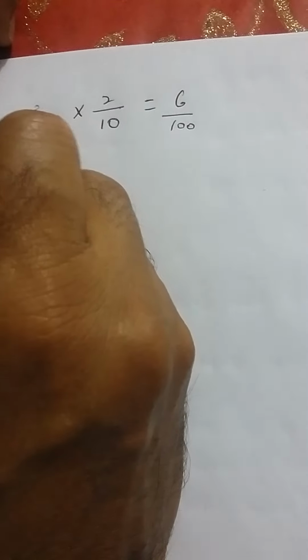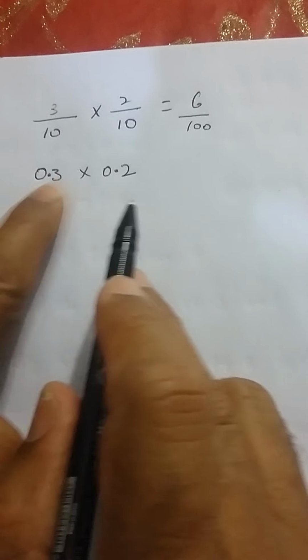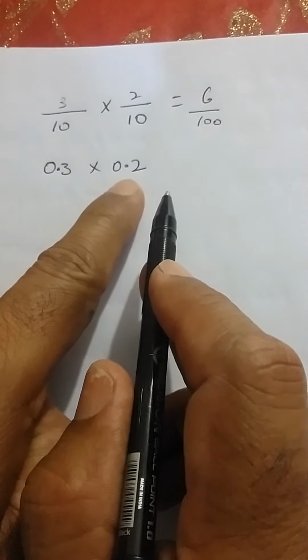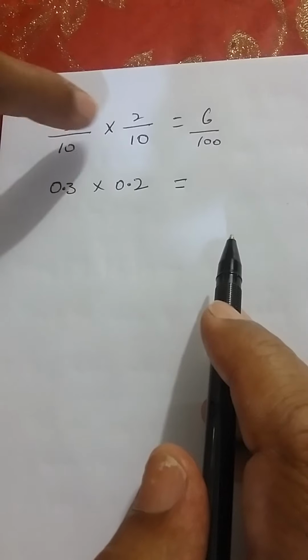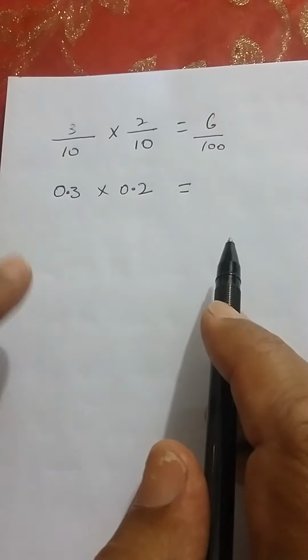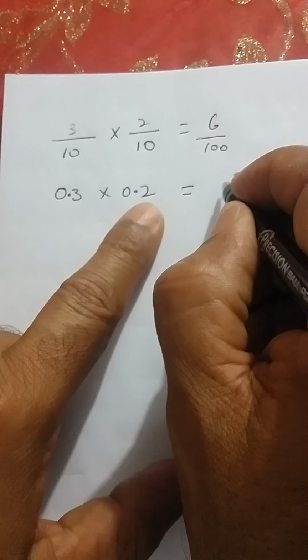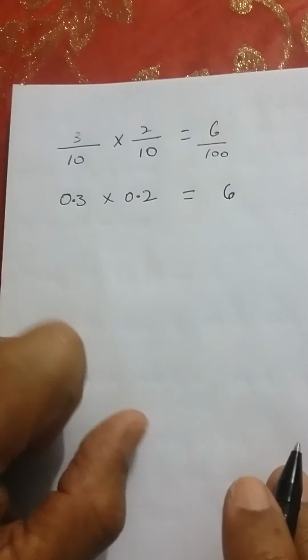If we were to write that as a decimal, 0.3 times 0.2, that's 3 tenths times 2 tenths. This is the decimal way. Remember, 3 tenths times 2 tenths gives us 6 hundredths. Now we know that 3 times 2 will give us 6, but we need to get 6 hundredths.